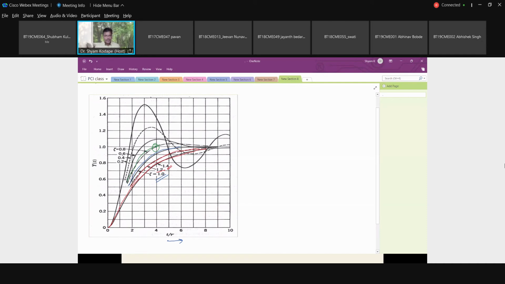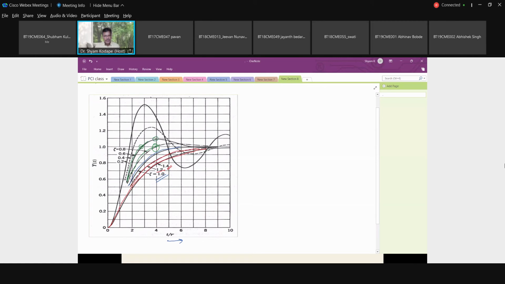Further, a little increase, say 0.6. Again you observe that it is faster than the initial one, which was 0.8. It is reaching the ultimate change much earlier compared to 0.8, and it is overshooting to a value greater than the previous one.